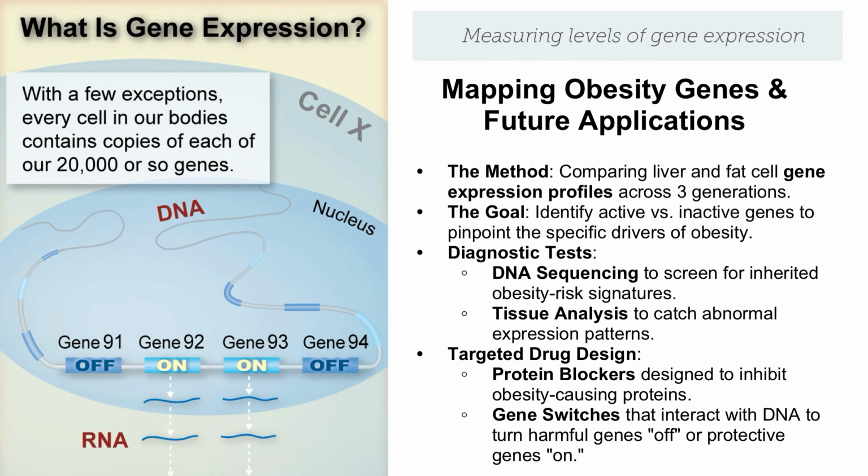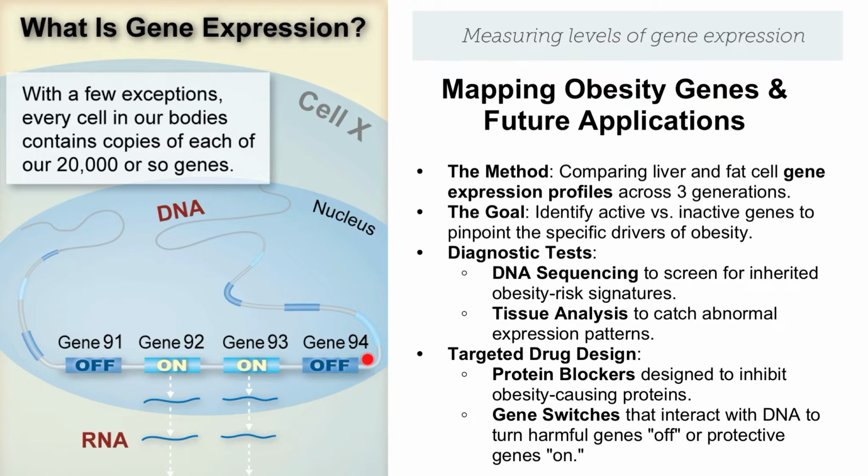So here's another slide where we can see what's going on at the cellular level. Here's a cell, here's the nucleus, and this is DNA within the nucleus with genes on it. Of course, it's shown here that all these genes are on the same chromosome, but these genes can be on any of the 23 pairs of chromosomes.